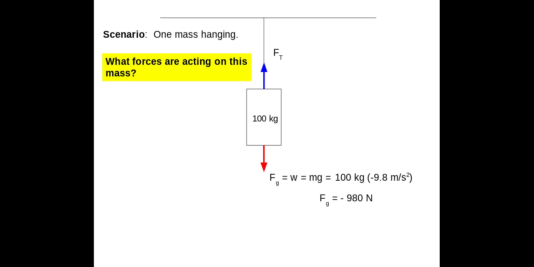Because there's no acceleration, there's no motion, there's no net force, so these forces are going to be balanced. The sum of the forces equals zero. What are my forces? We've got the force tension going up minus the weight going down. They add up to zero. So the tension is equal to the weight, and it's positive, 980 newtons.